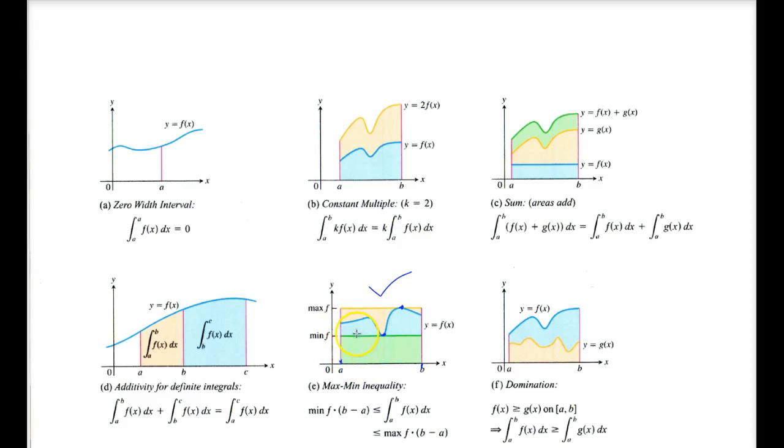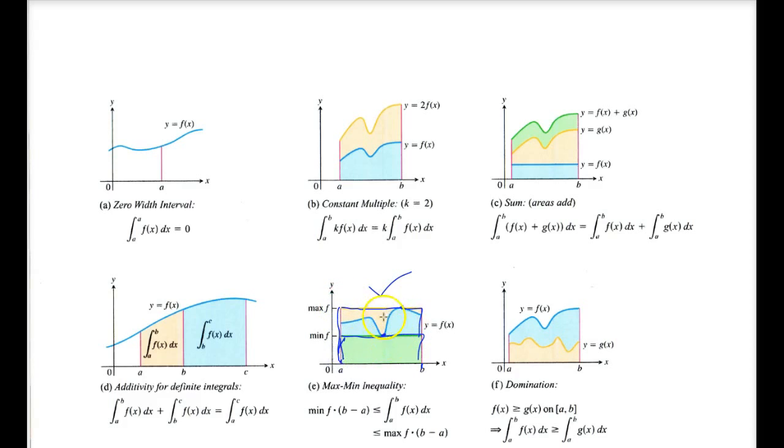And all we're saying is that the area under the curve of the actual function f of x is going to be at least whatever the area is of this rectangle, and at most here, depending on what the function is.